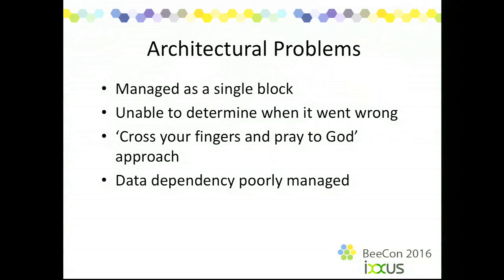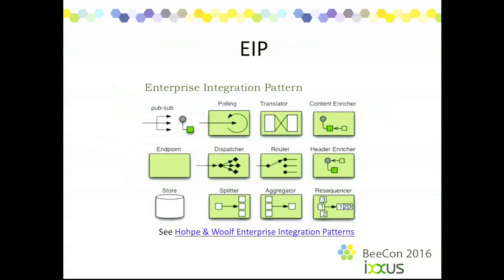Sometimes we just wait for everything to work magically, that we don't have network problems, that the applications are not going to collapse, that we will not have memory leaks. And when there are dependencies between data, we don't take this as a very important matter. And in the end, it's managed as an additional requirement that we bring to the migration. It's poorly managed, right? For solving these architectural problems, we use the enterprise integration patterns.